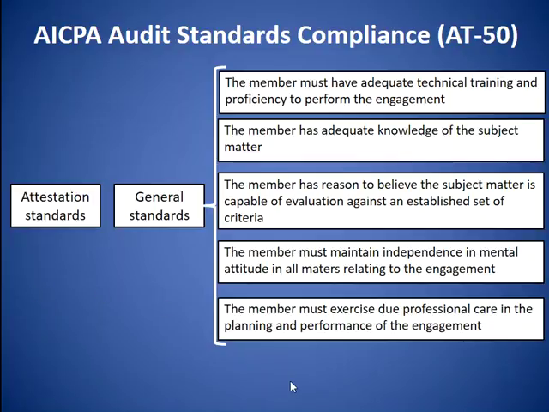We have to maintain an attitude of independence under these conditions. And the last area, the member must exercise due professional care in the planning and performance of the engagement.